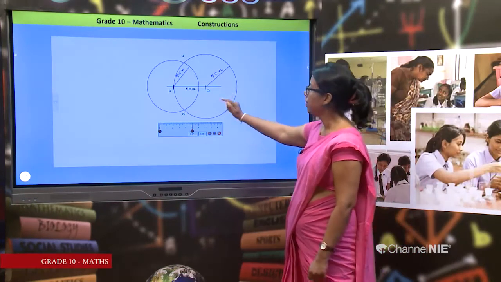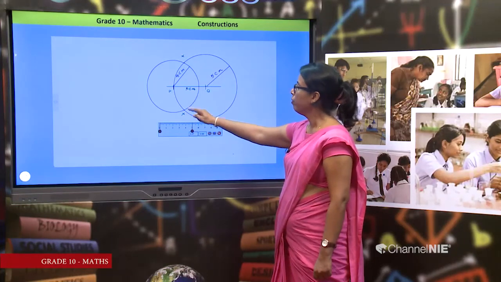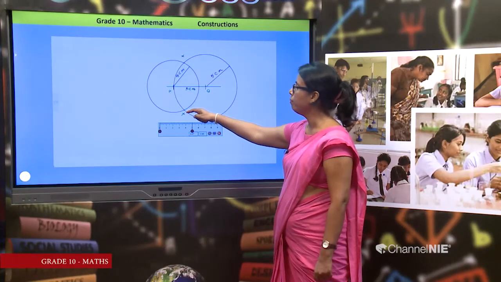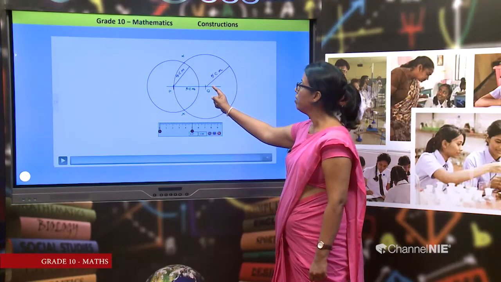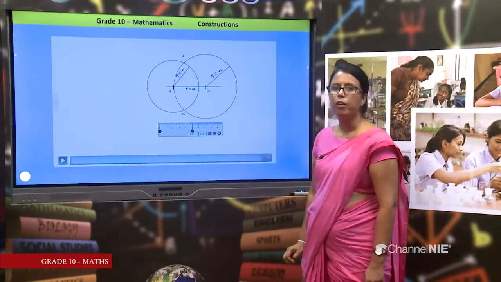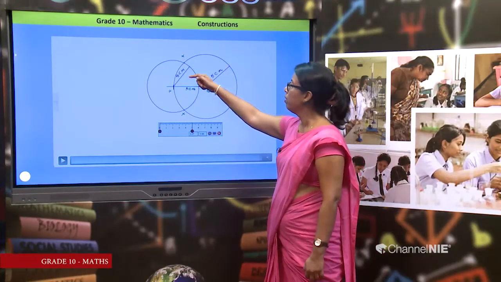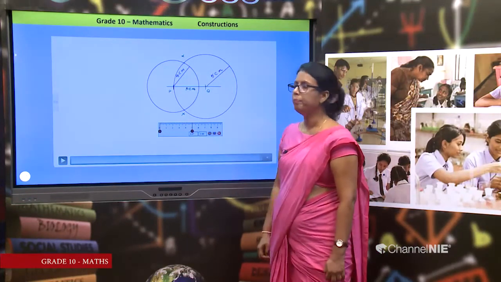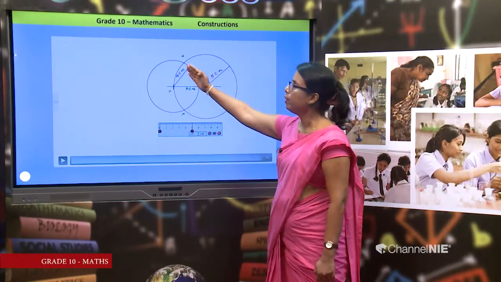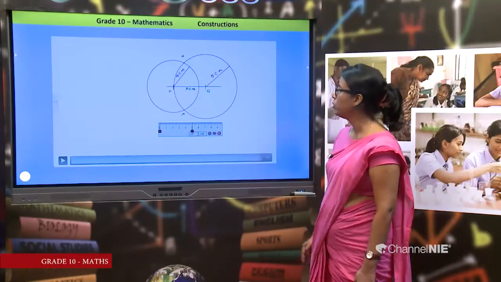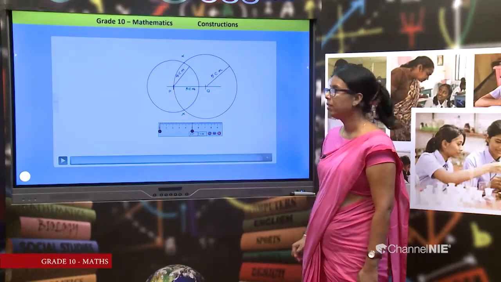See that this point is 4 centimeters away from P, 5 centimeters away from Q. See this point also 4 centimeters away from P, 5 centimeters away from Q. So we found 2 places.